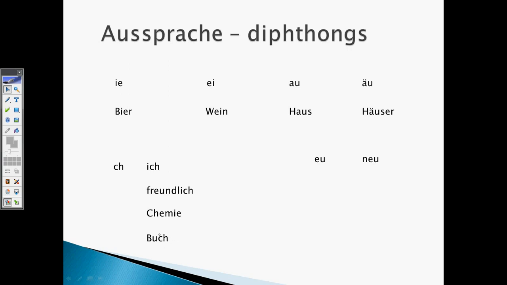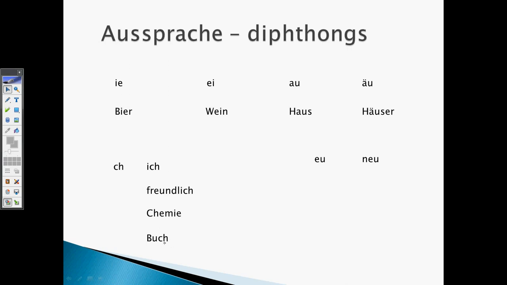Then we have it on the end here, and it's followed by the vowel U. So this is going to be pronounced Buch. Buch. Das Buch. So German kind of gets a bad name for being a harsh sounding language. It can sound harsh at moments, but not all the time.